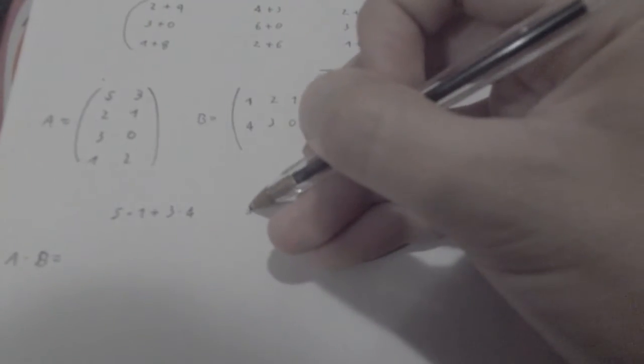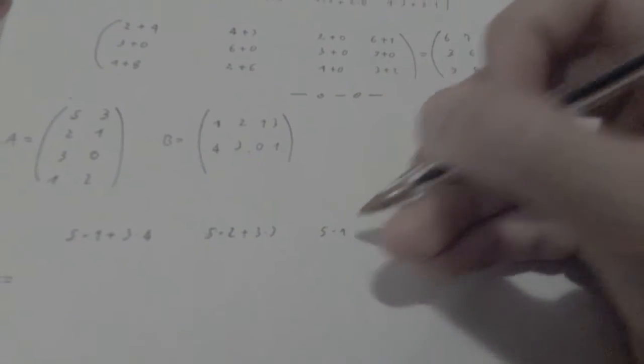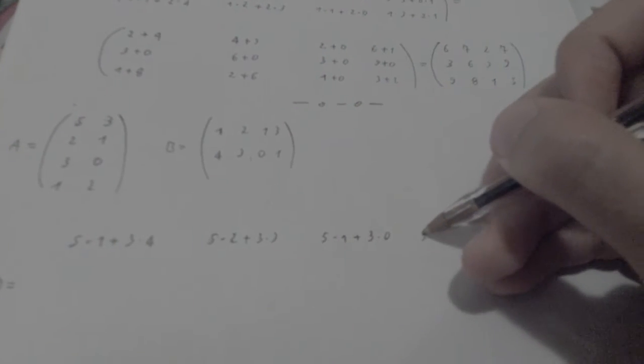So our matrix A times B is going to be 5 times 1 plus 3 times 4. Then we're going to have 5 times 2 plus 3 times 3. Then we're going to have 5 times 1 plus 3 times 0. And then 5 times 3 plus 3 times 1.